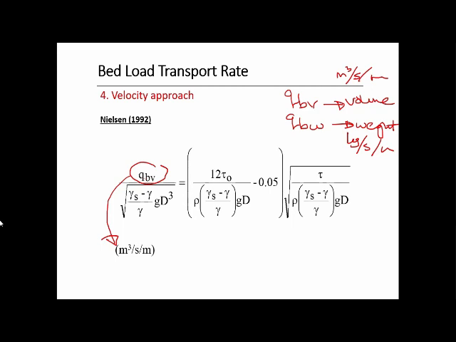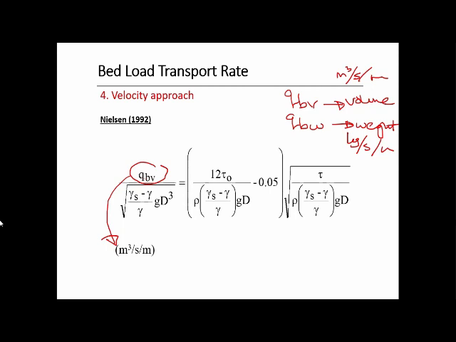Because they are different approaches, the final form of the equation depends on the units that they investigated. So that's why you have different units for different bed load transport rates.